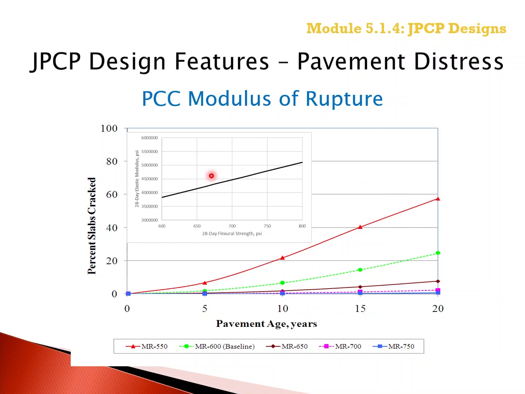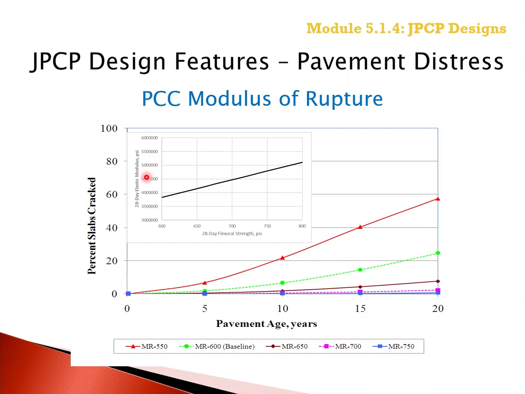The graph displayed on the upper left-hand side of the slide shows a regression relationship between the PCC strength, the 28-day flexural strength, and the 28-day elastic modulus that is included in the software.